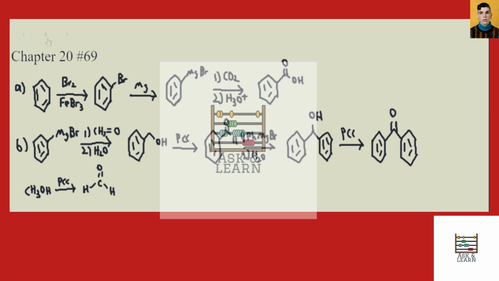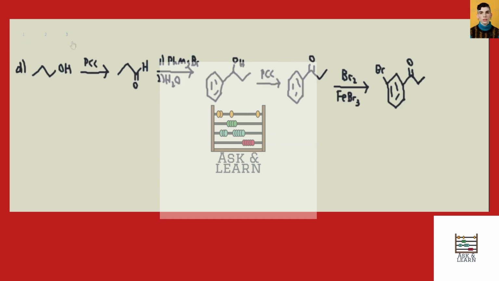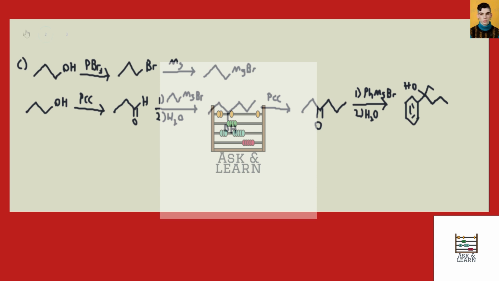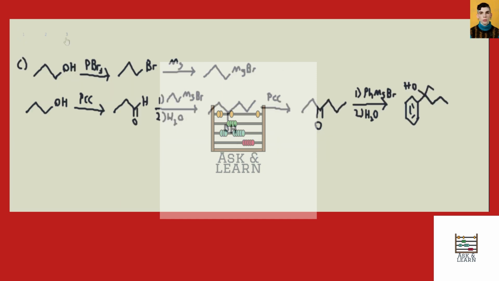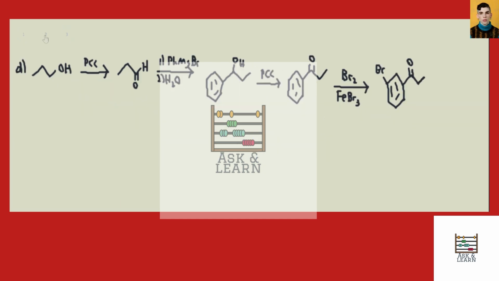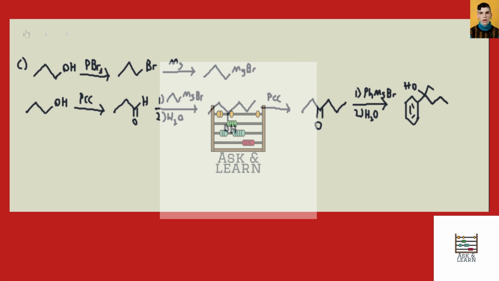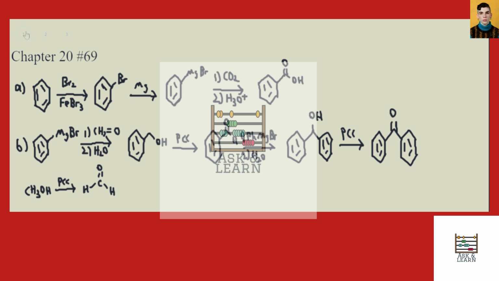And obviously, each of these included a Grignard, as the problem said it had to. And so we ended up making Grignards and making carbonyls, basically, and then reacting them together and changing oxidation states using PCC. And that was the majority of the reactions here. And that's the answer to chapter 20, problem number 69.